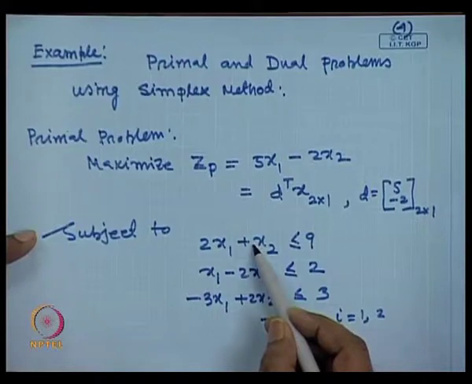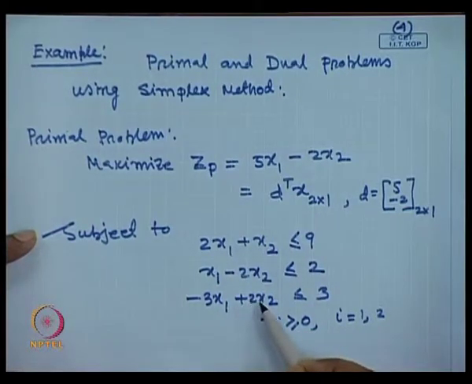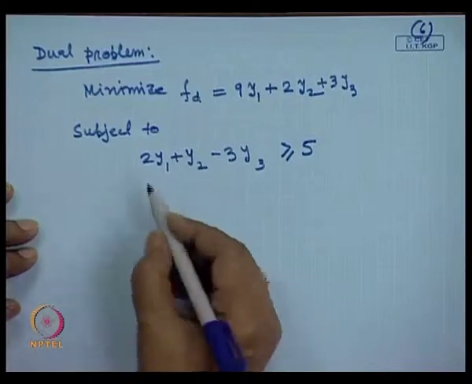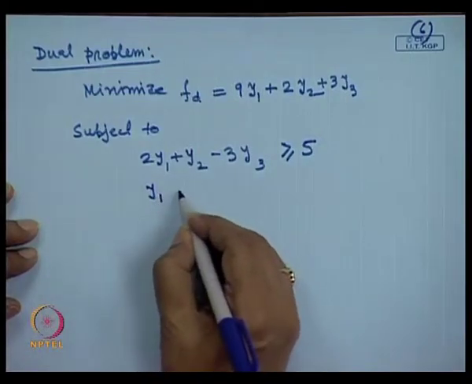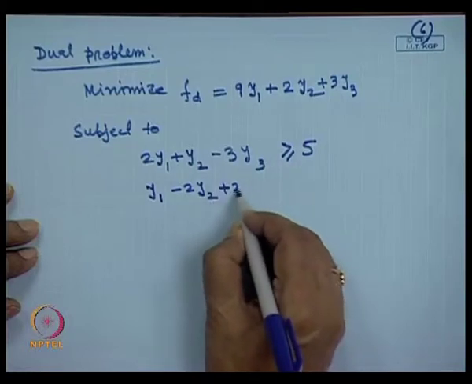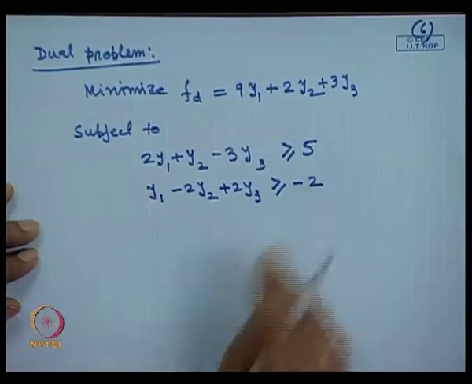Now I can write the second equation. You see this coefficient is 1. So, 1 into y1 plus, that is a minus sign, minus twice y2 plus twice y3 is greater than or equal to what? Minus 2. So, I will write y1 minus twice y2 plus twice y3 is greater than or equal to minus 2.